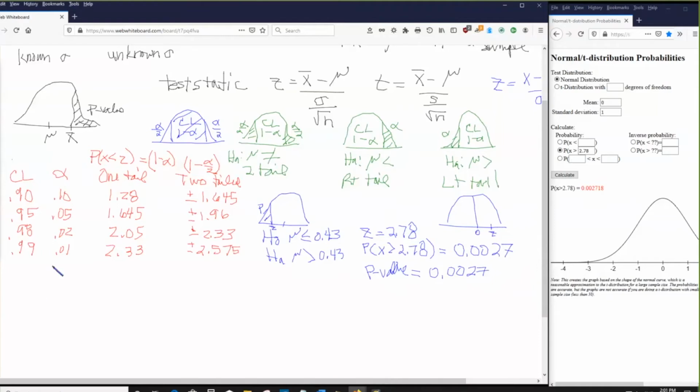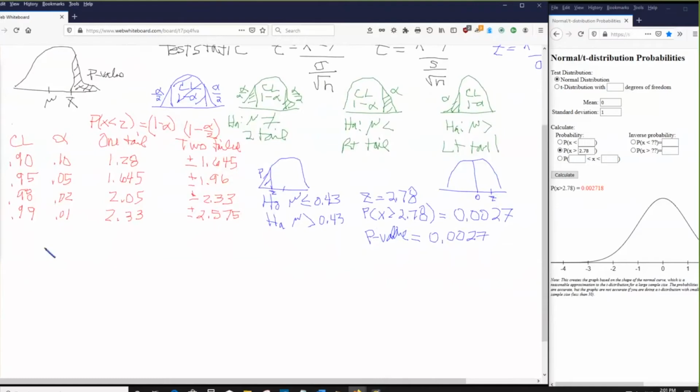Okay, so now let's do an example. And I think I switched these around.